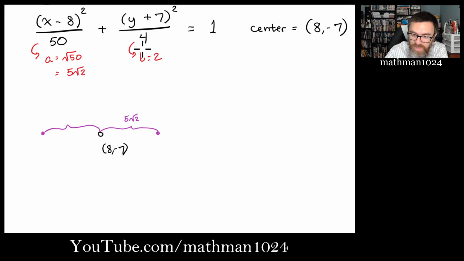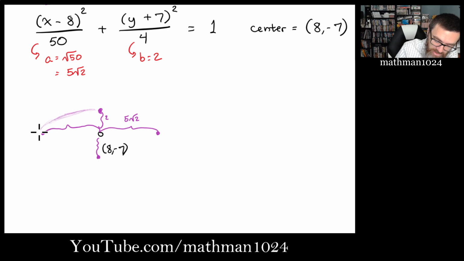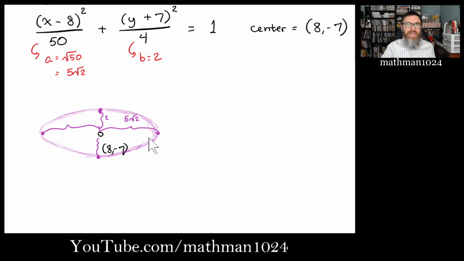And then because of my b value, b is 2, it's underneath the y, I'd be going up 2 units and down 2 units. And then from here, I should be able to have my nice ellipse. Again, not exact, but it gives us an idea about where things are.